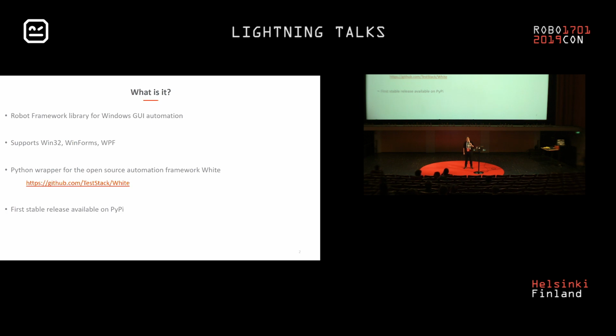White Library exists to make White's functionality available via Robot Framework. This is achieved by using a Python package called Pythonnet, which allows us to use White from the Python code as if it was a Python module itself, so we can call White's methods from Python code.